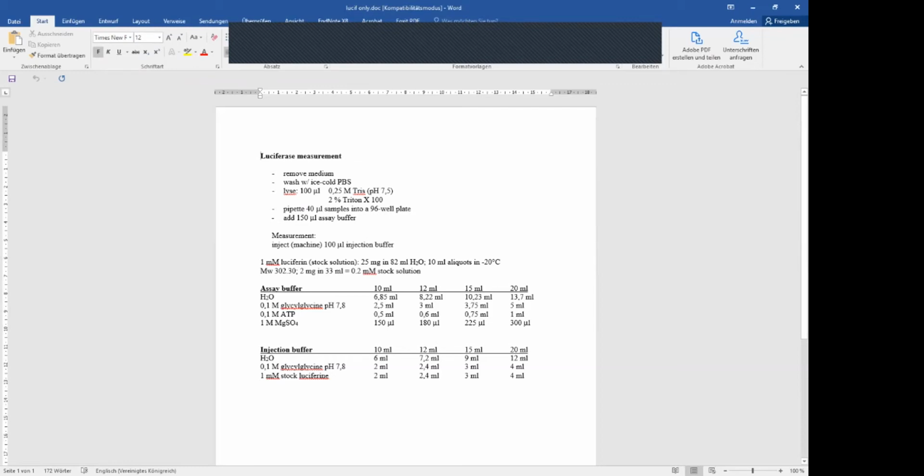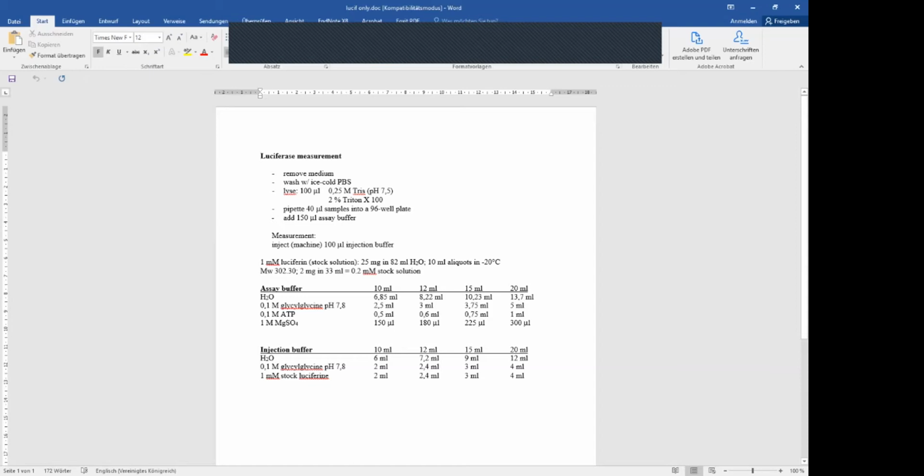Because this reaction is temperature and time dependent, it's necessary to do all measurements under identical conditions. For that reason, we don't add the substrate at the very beginning to all samples at once, because that would give a big difference between the first and last sample.